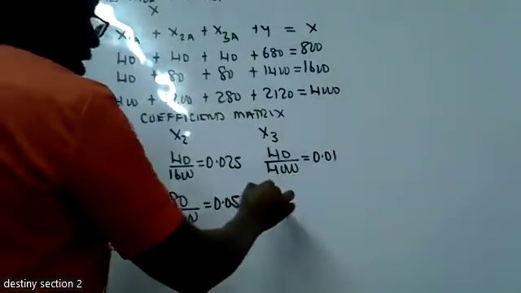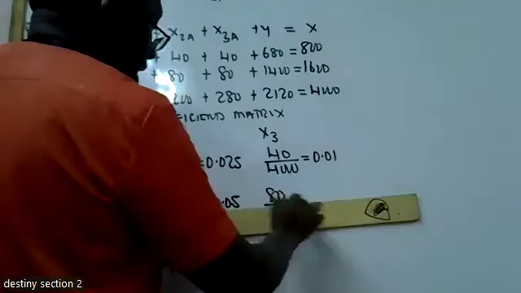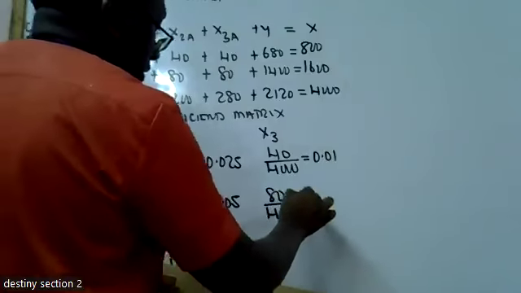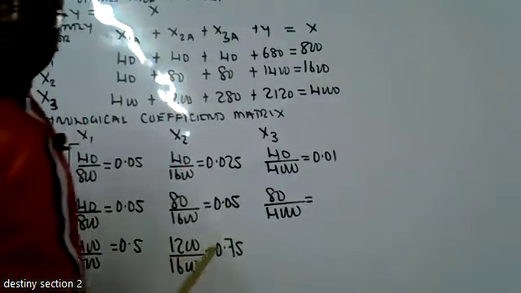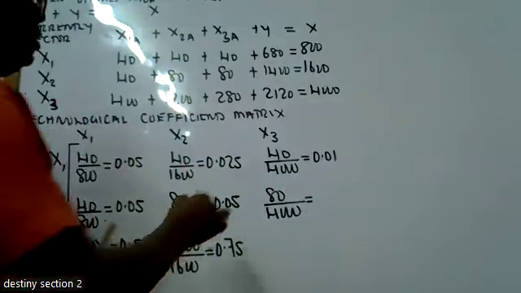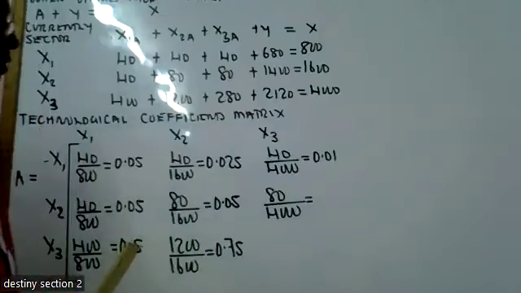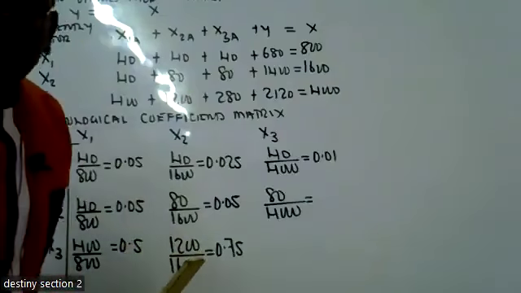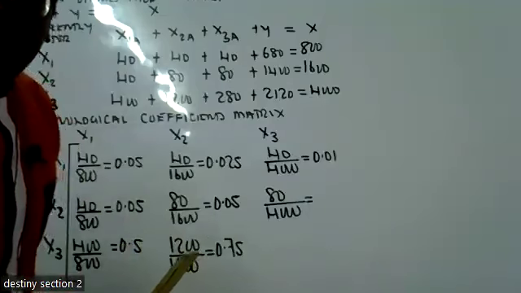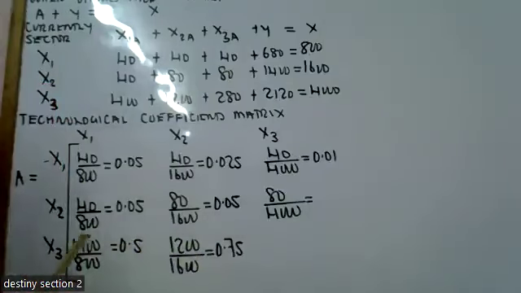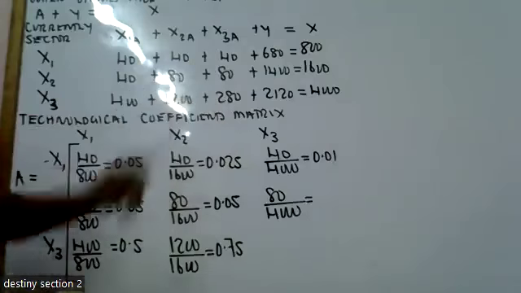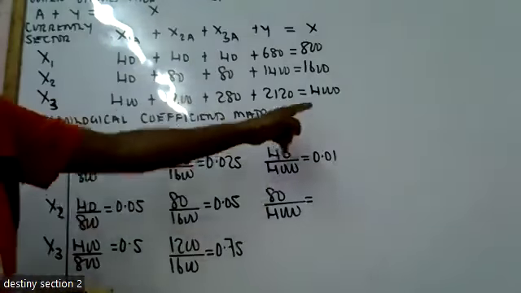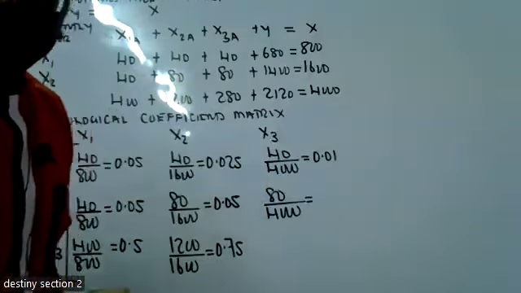Then the next one is 80. You divide by 4000. Someone is saying 400. Benita, you are saying 400? 400 from where? We are dividing these column 3 values by 4000. Is that okay, Benita?